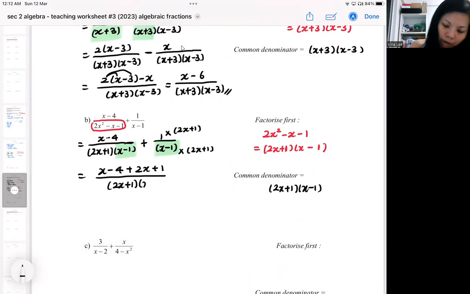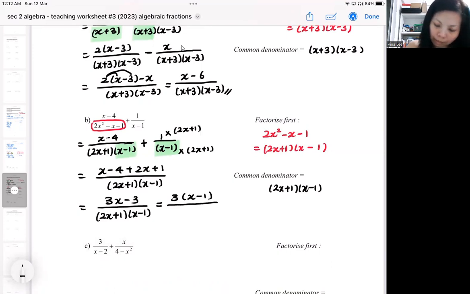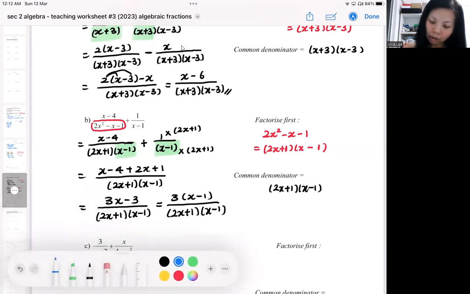So again, when you combine into a single fraction, you just simplify the numerator. So here I will get 3x minus 3. Okay, for this question, the numerator can be further factorized. And then we end up cancelling a bracket.